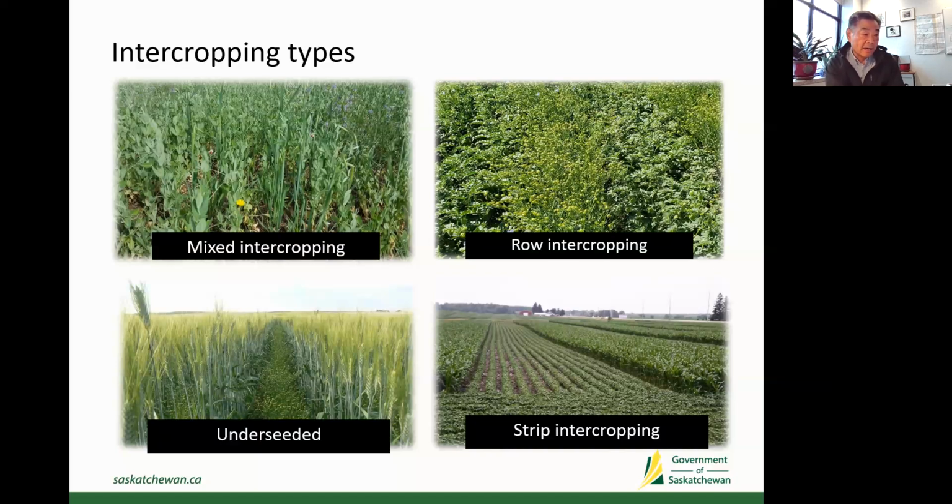And there's underseeded intercropping, where one crop is underseeded between the rows, and they do not mature at the same time. Another one is strip intercropping. You grow wider strips of those crops, which normally fit your seeder's width.